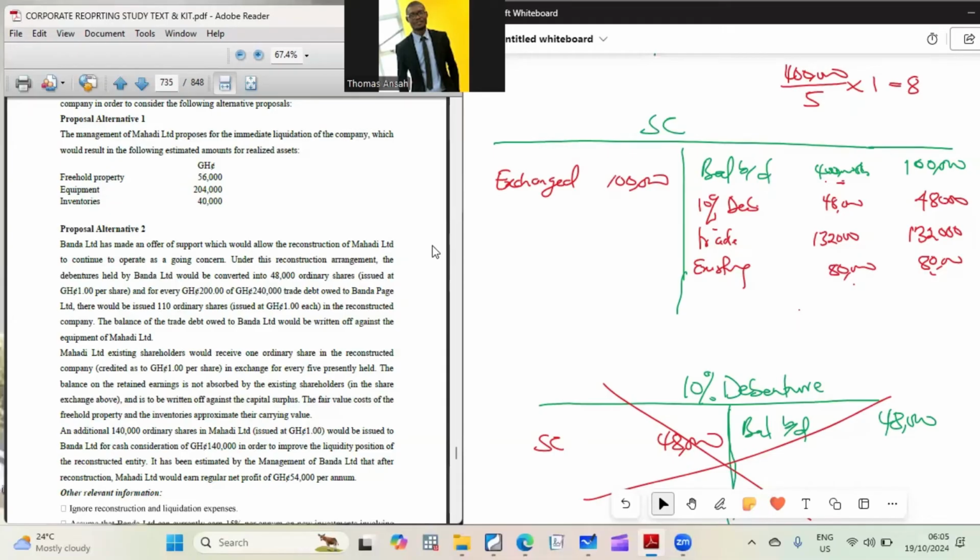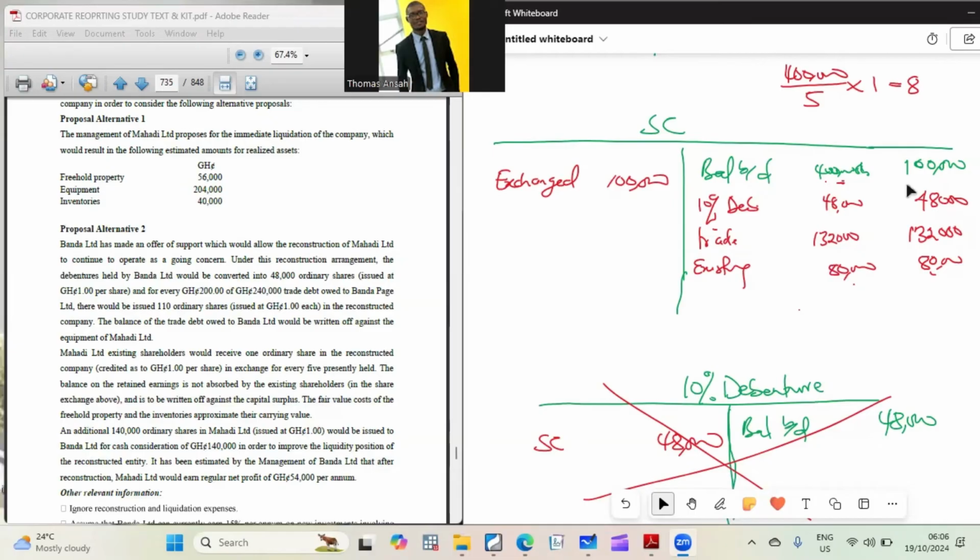So since you have spotted that it is a rights issue, sir, we will credit it against capital reduction. Now we are getting it. So for her, they are losing away what do we call it? 20,000. So it means that they are reducing their amount to what do we call it?